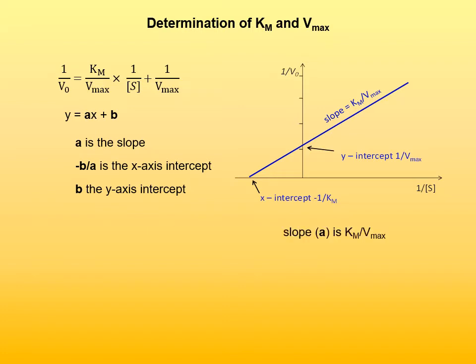In this case, the slope a is Km over Vmax, the x-axis intercept is minus 1 over Km, and the y-axis intercept is 1 over Vmax. So as you can see from this double reciprocal plot, we can obtain accurate values for Km and Vmax.